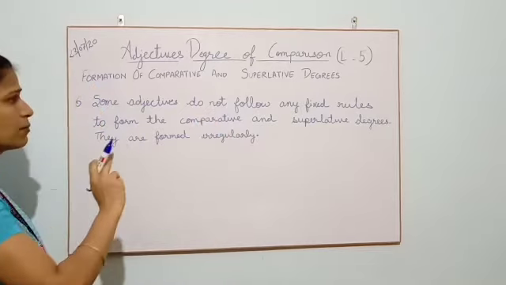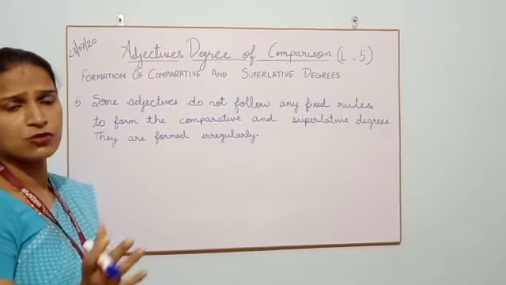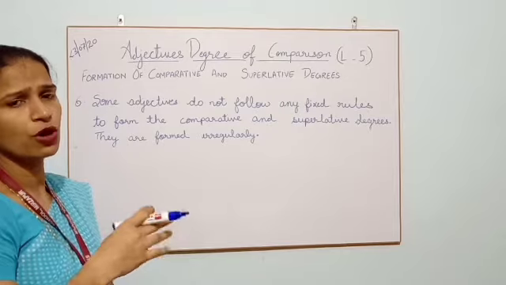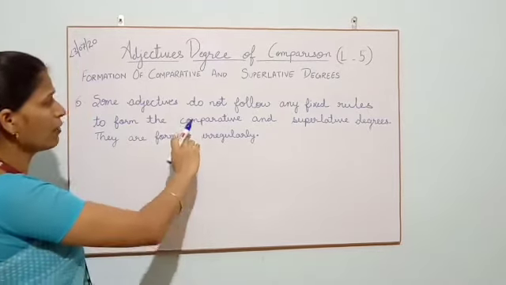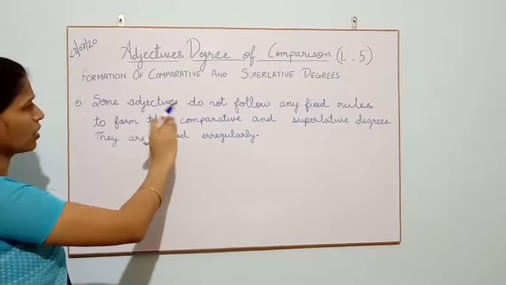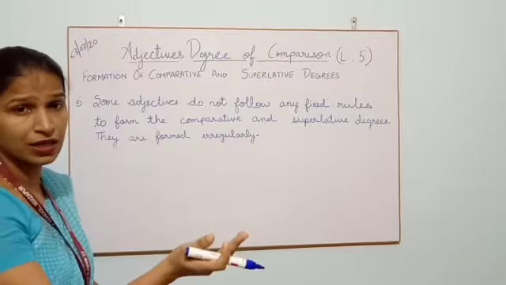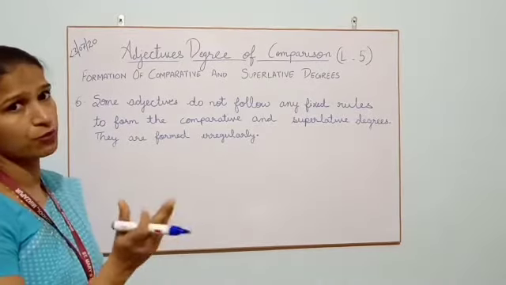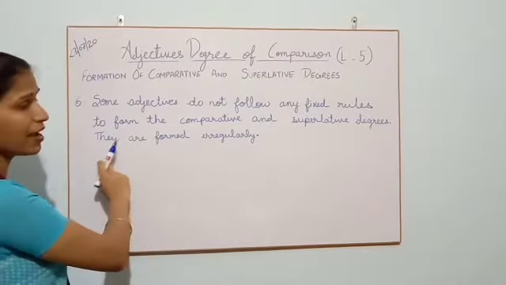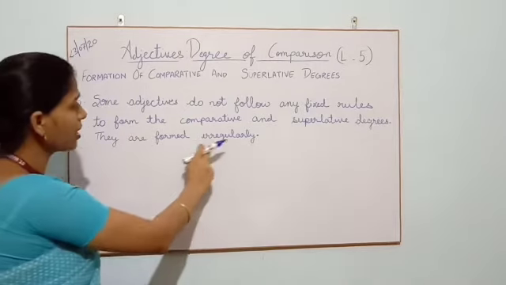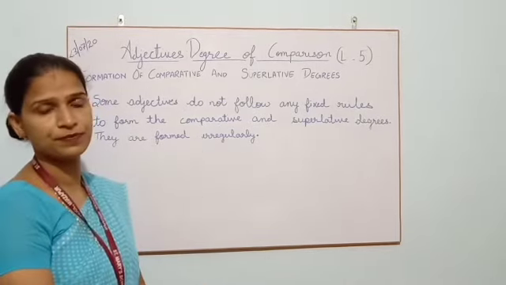As I have told you, some adjectives are least bothered about the rules. They do not follow any sort of rule when we have to convert the word into comparative and superlative degrees from the positive one. They are formed irregularly.